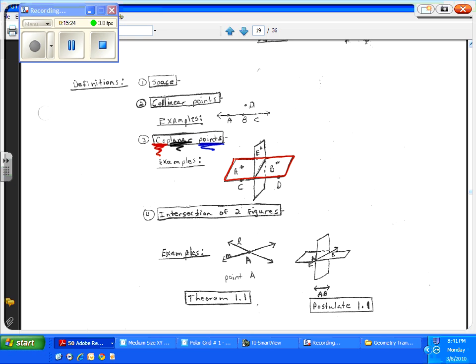And so if we think about this flat surface that I've drawn there in red, then you can see that points A, B, C, and D all lie on that same flat surface. So we could say that A, B, C, and D are coplanar points.